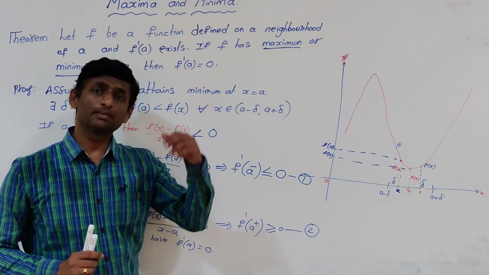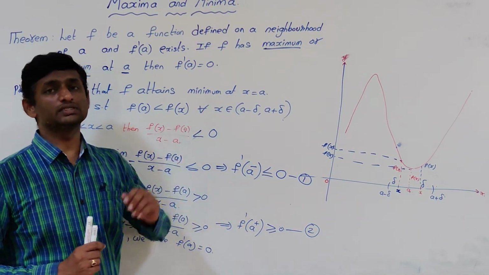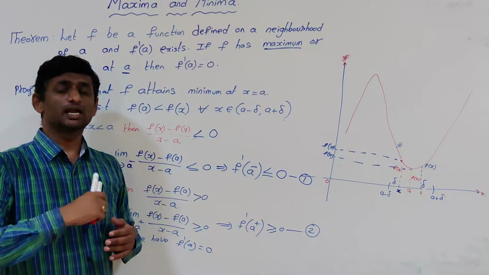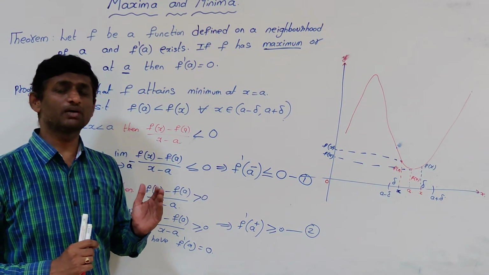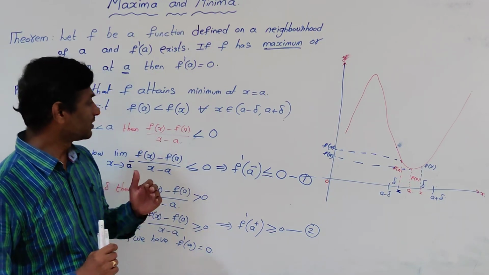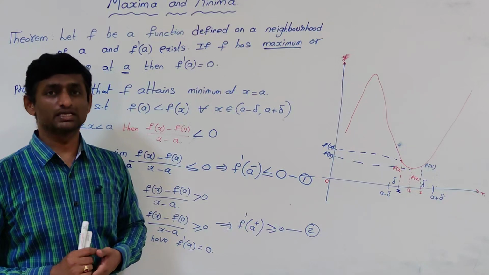Similarly, for a maximum, the left hand derivative is positive and the right hand derivative is negative, jumping from positive to negative, then it will have a maximum.